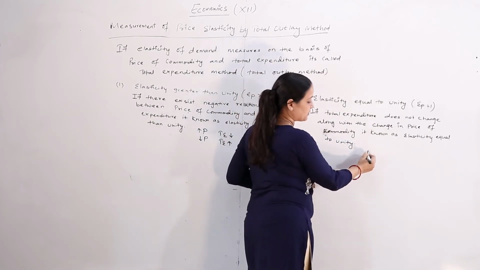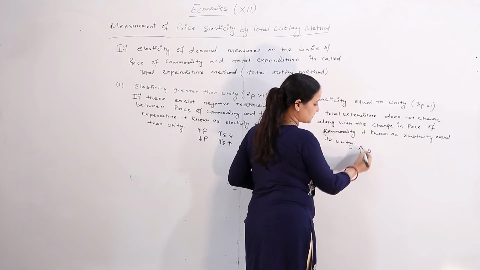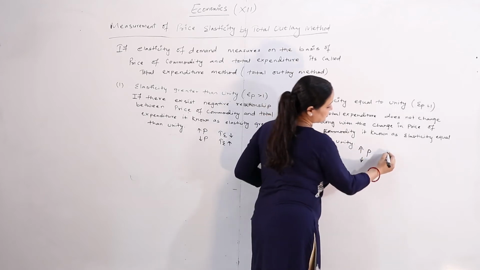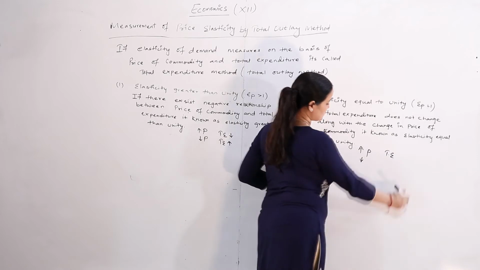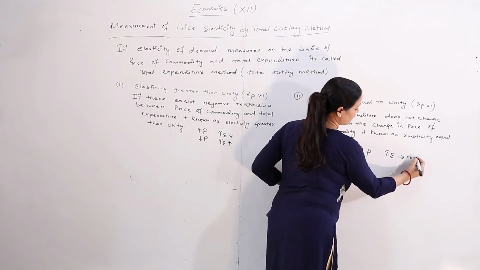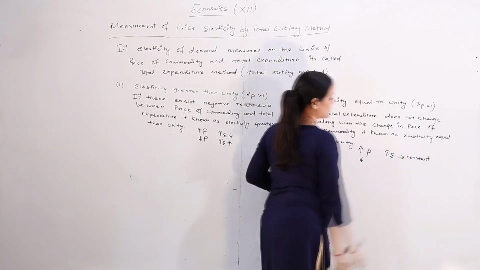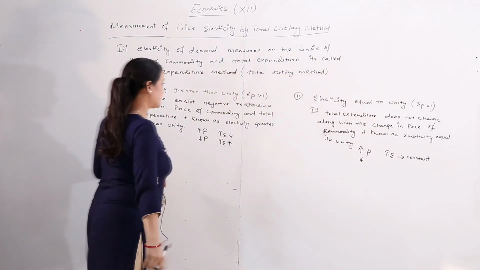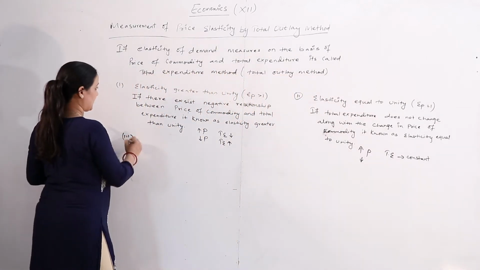It means when the price of the goods and services increases or decreases, the total expenditure on goods and services always remains constant.